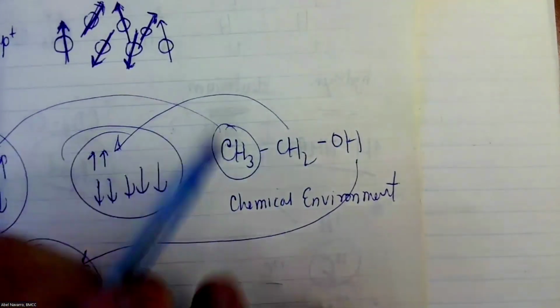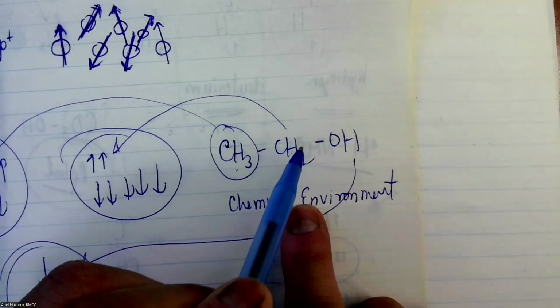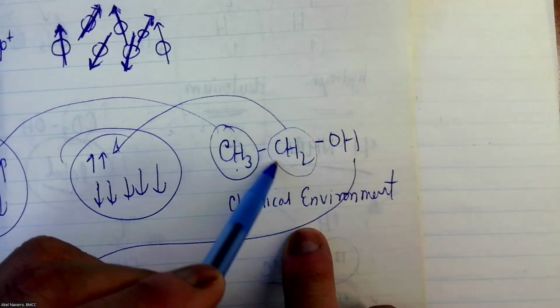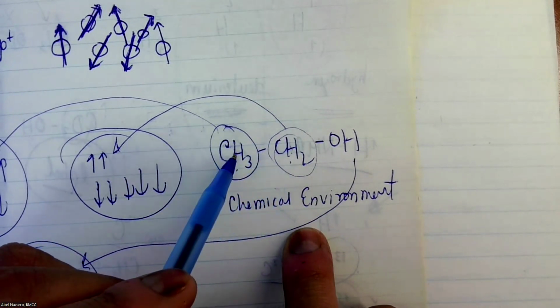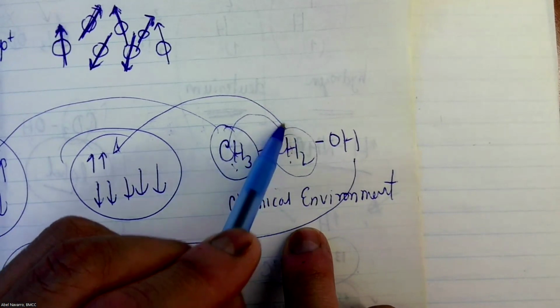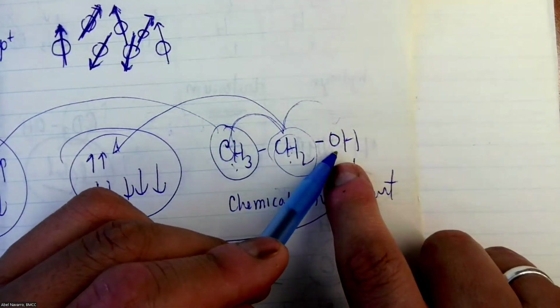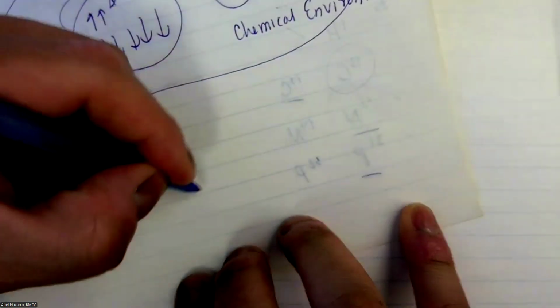So for example, what makes a difference here? Why is this CH3 different from this CH2? Because this CH2 is right next to the OH. So the chemical environment of this CH2 is totally different from the chemical environment of the CH3. This CH3 is 2 spaces away from the oxygen. And why is oxygen so special? Because oxygen is electronegative.